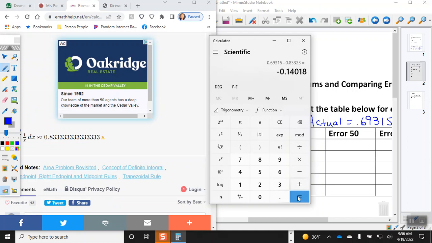Okay. All right, let's do the right then. The right turned out to be 0.583 if I remember correctly. So I'm going to go 0.695. Darn it.